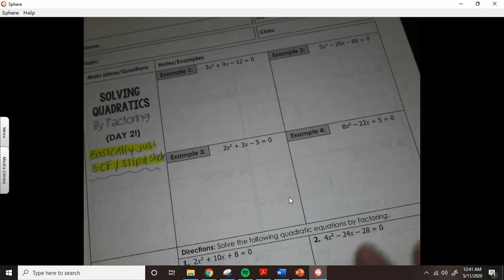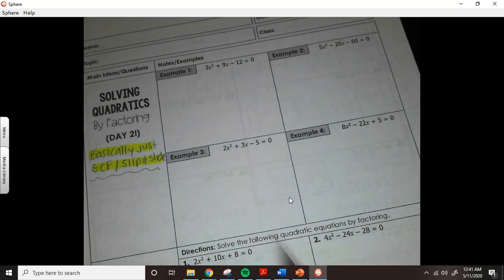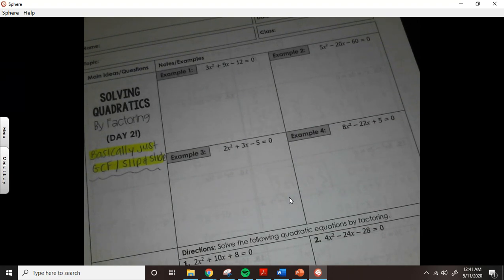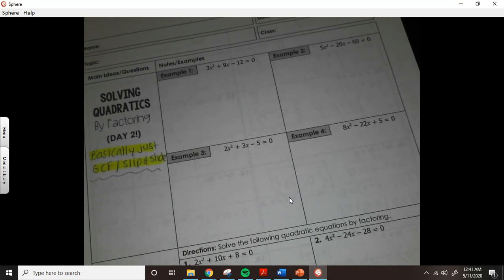All right. So remember how we factor a trinomial? It's the same exact way, but right now this equals 0, which means we're solving an equation. So the first thing we always want to do, remember that graphic organizer, is always look for GCF first, no matter what, always, always, always.